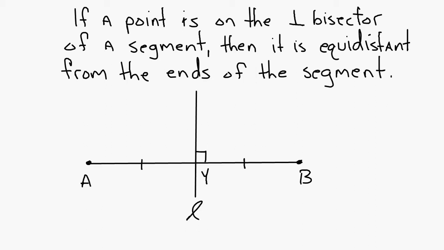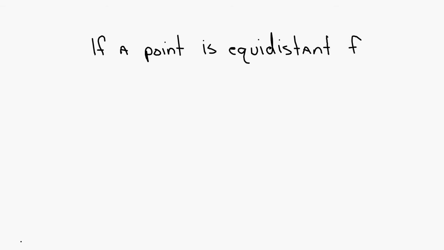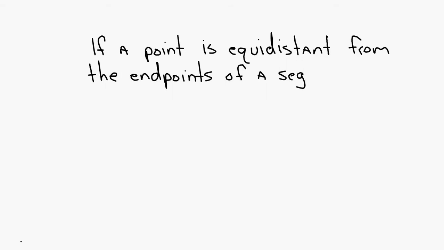The converse of that theorem is also going to be true. And it says that if a point is equidistant from the endpoints of a segment, then it is on the perpendicular bisector.